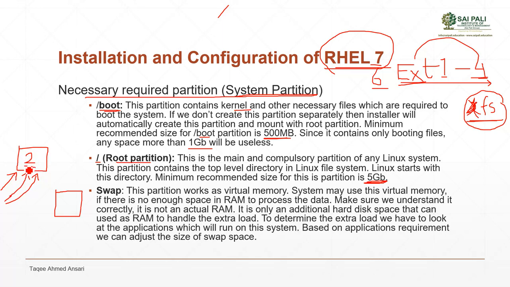RAM is only the place where the data resides, but the processing is done by the processor. The processor takes the data from RAM, processes it and then gives it back to RAM. So it will not process all three processes at the same time. It will do one by one, but it still needs space to put those files.